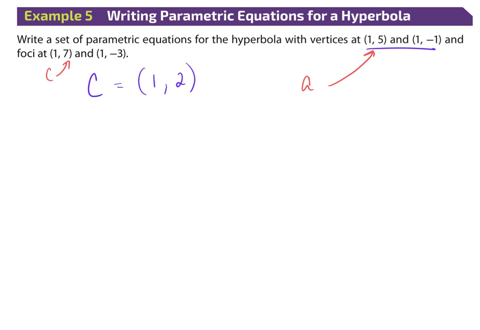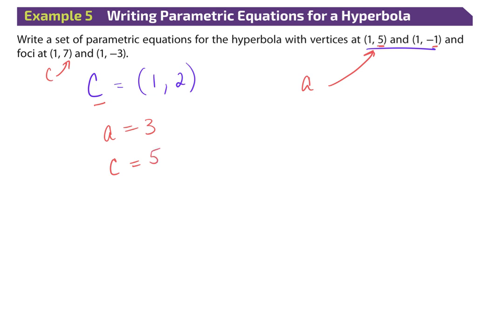All right. How far away from center am I moving to my vertices? Well, I'm moving 3 away, right? 2 plus 3 is 5. 2 minus 3 is -1. That's my A. My C then, how far away is that? Well, it's 5 away, right? Everybody see that my C value is going to be 5. That's my foci.